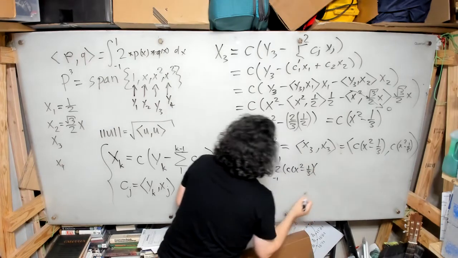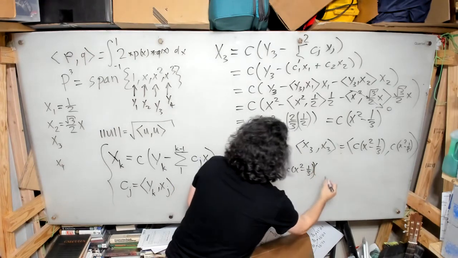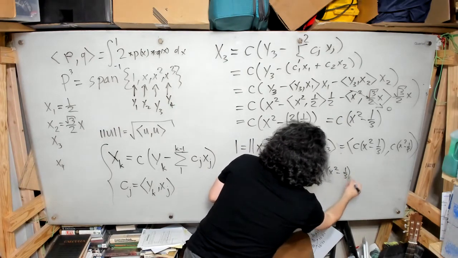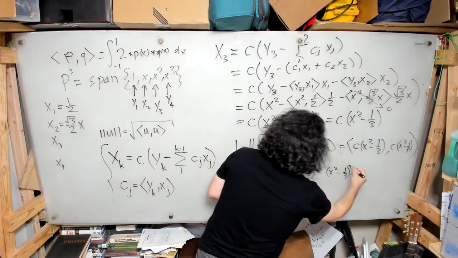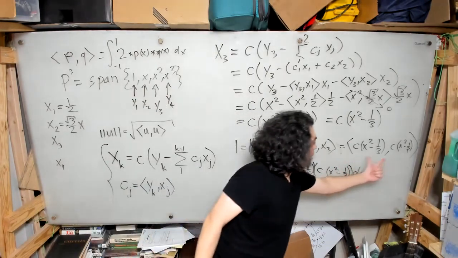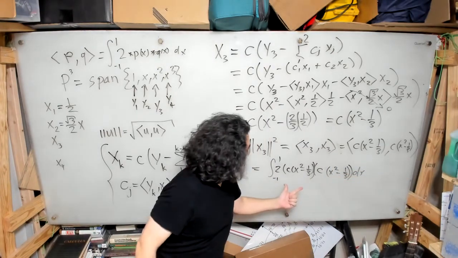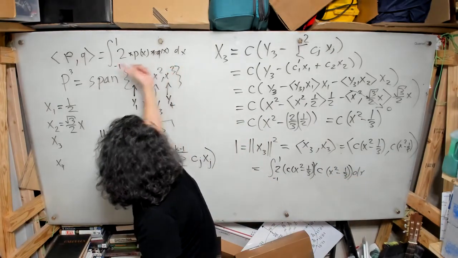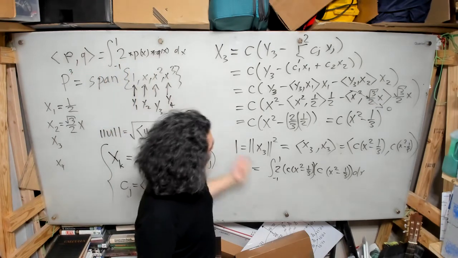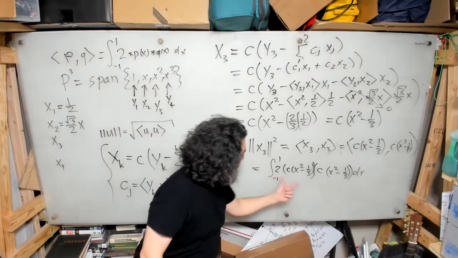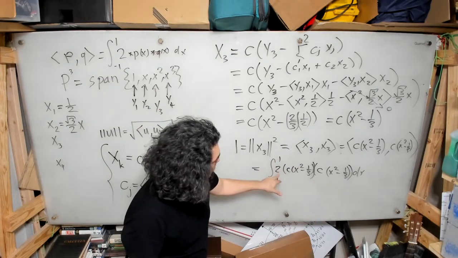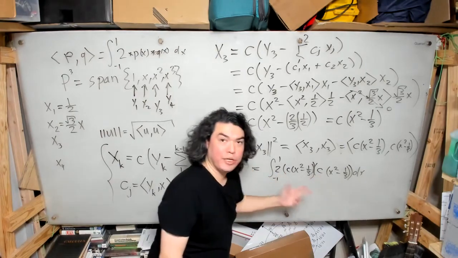What is my q? It is c times (x squared minus 1/3), dx. Because this is my p of x, this is my q of x, and so my inner product will be 2 times p of x times q of x, integrated from -1 to 1. You can see that I'm going to have a 2 times c, which will be a 2c squared again.